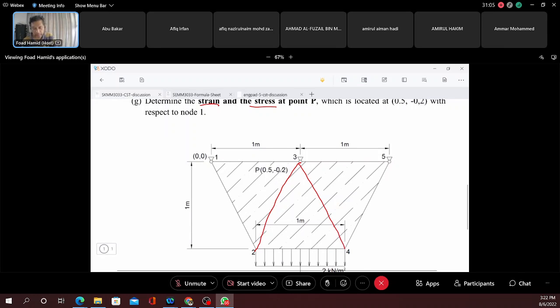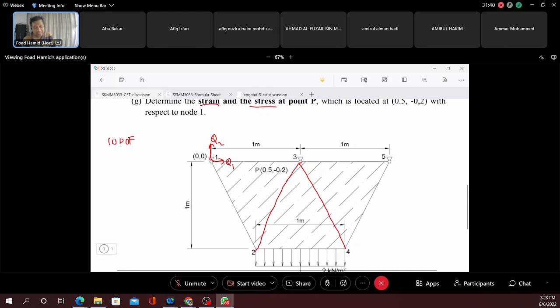So there are 1, 2, 3, 4, 5 nodes, and there are 2 degrees of freedom for each node. In this case, this is Q1, and this is Q2, for example. So we have 2, 4, 6, 8, and 10. So we have 10 degrees of freedom.